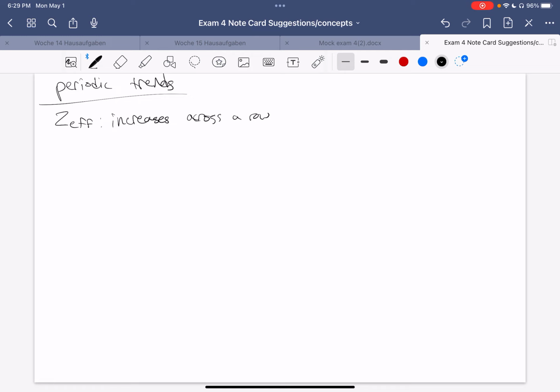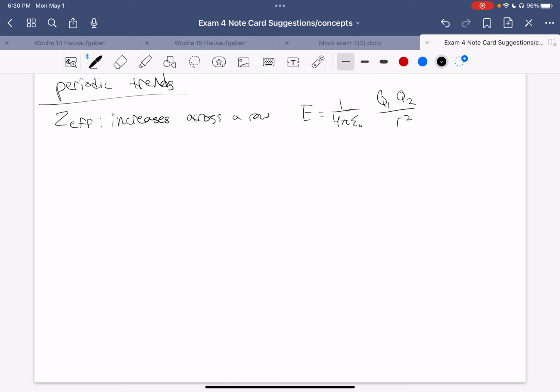And this basically just means that the outer electrons are going to be held more tightly, because if you guys remember Coulomb's law, you had k, or let's just rewrite this: 1/4 pi times the permittivity of free space, Q1 Q2 over r squared.